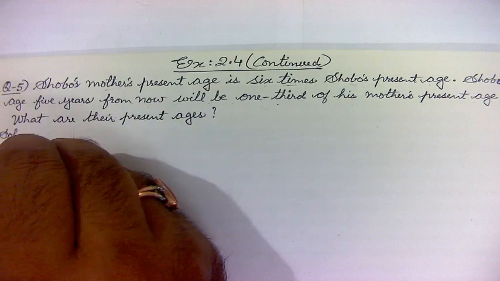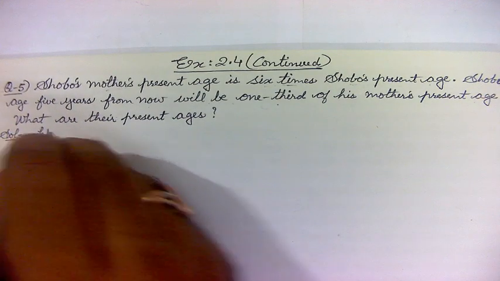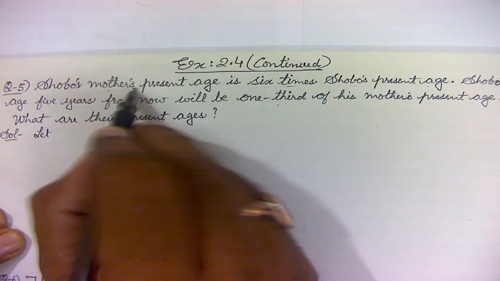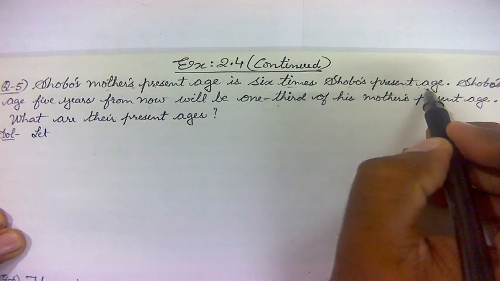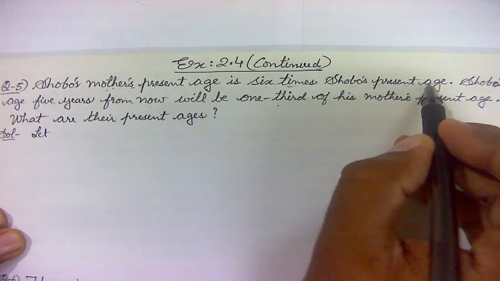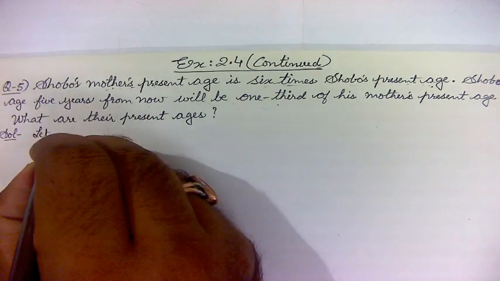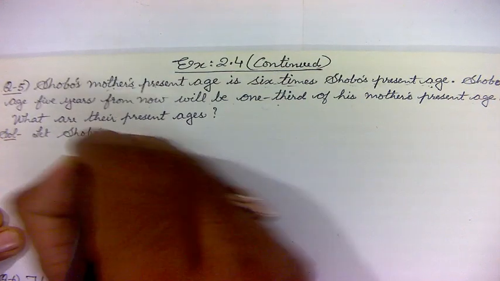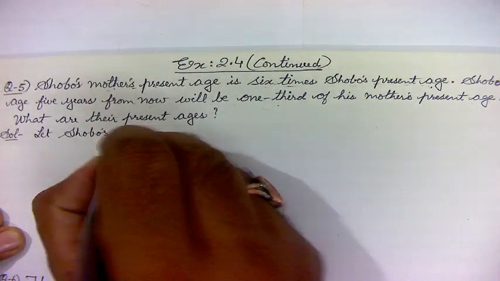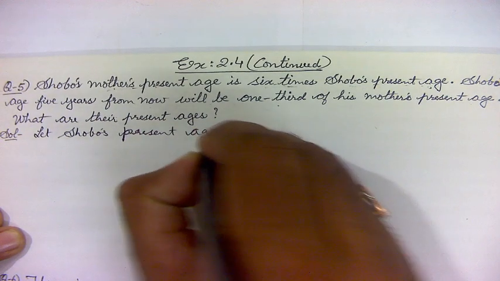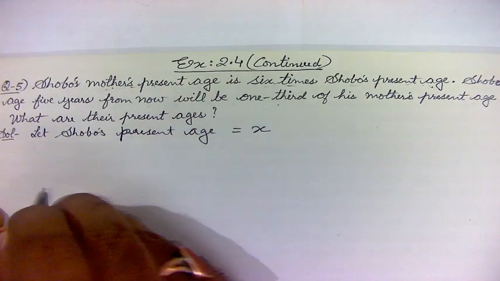So let us take the present ages. Because we are given the comparison of Shobo's mother's age and Shobo's age, it is told that mother's age is 6 times Shobo's age. So let Shobo's present age be x.